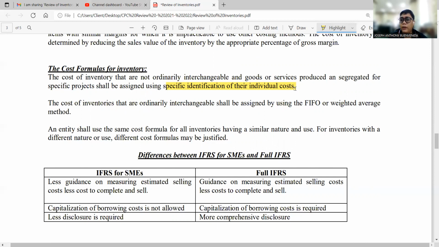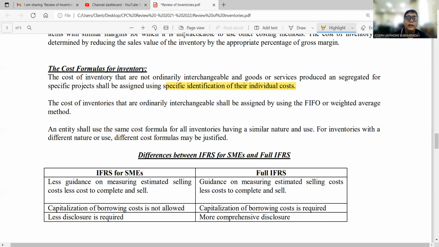But if you are a wholesaler with many products sold in small items, they are grouped. The cost of inventories that are ordinarily interchangeable shall be assigned using the FIFO or weighted average method. We will account for FIFO and weighted average in the next chapter.